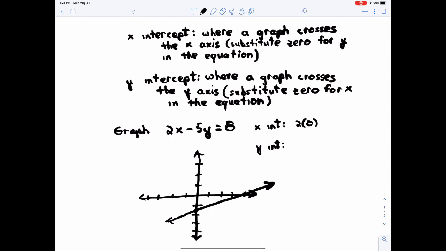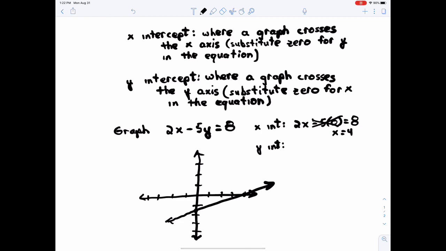Sorry, I apologize. Now, once I do that, what happens to that term that had the y? Well, negative 5 times 0 is just 0. It becomes meaningless. So you get 2x equals 8 and x equals 4.